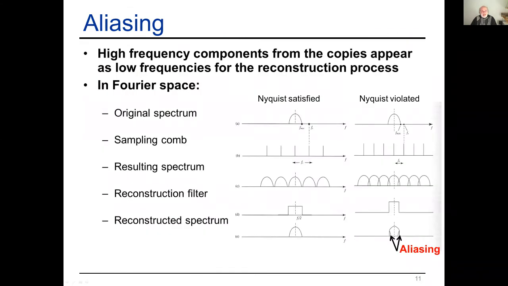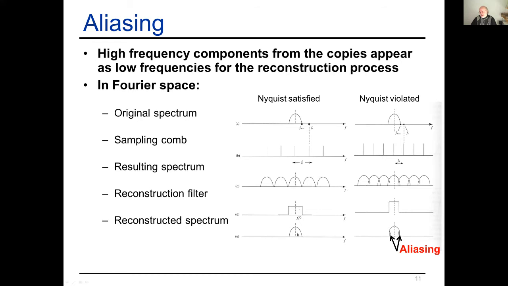And here's just again another way of visualizing this, symbolically. Here is the original spectrum of my function. Here's my sampling comb. I get these copies, and if the Nyquist limit is satisfied, right, if I'm sampling with higher than twice the top frequency that I have in my signal, then my spacing is far enough apart that these copies are separated.